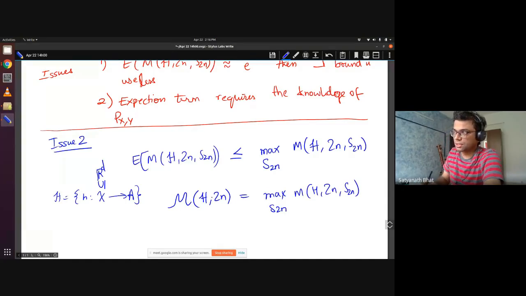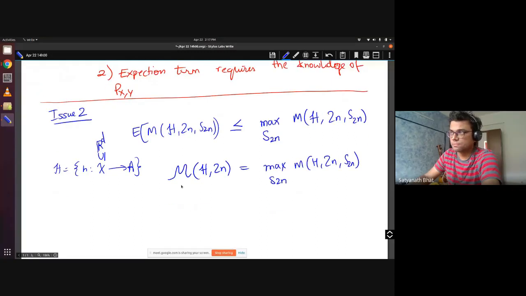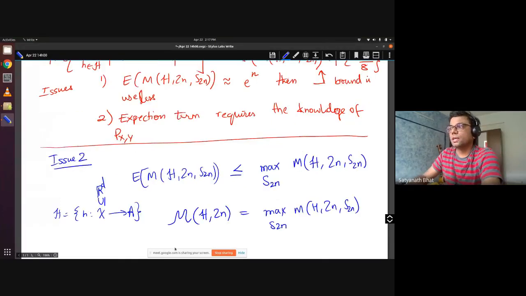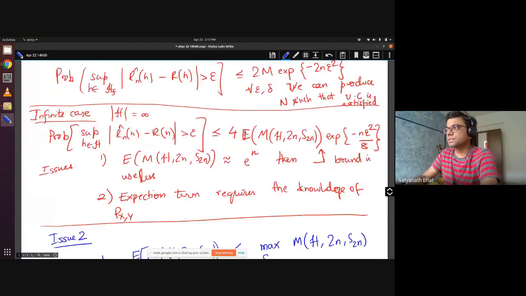This is called script M, a little bit fancy M. I'm taking the worst possible number of hypotheses that can arise given there are 2n samples, how many distinguishable things you can get. So this is issue number 2, and now we have addressed it. The question of issue number 1 still remains, right? Issue number 2 is addressed by replacing the expectation with this.